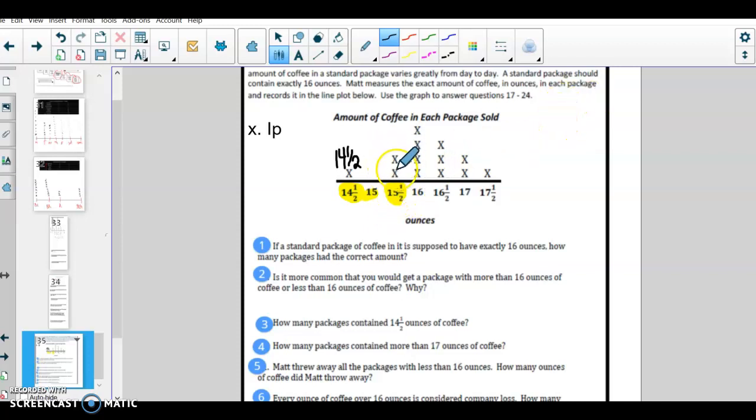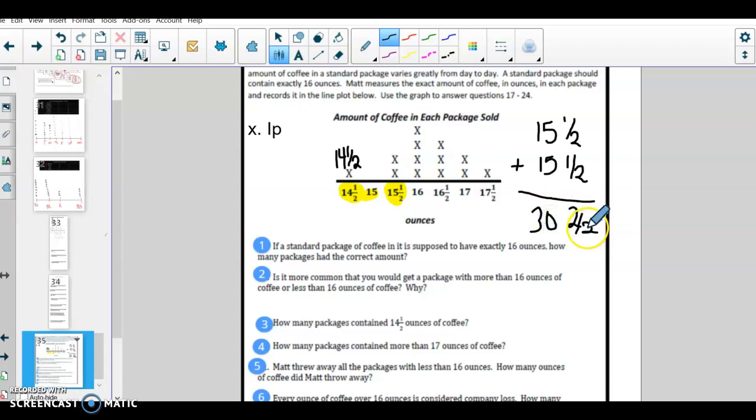So if I have two packages that are each 15.5 ounces, I would add 15.5 plus 15.5. Well, I can go ahead and add because my denominators are the same. 1/2 plus 1/2 would give me 2/2, and 15 plus 15 is 30.